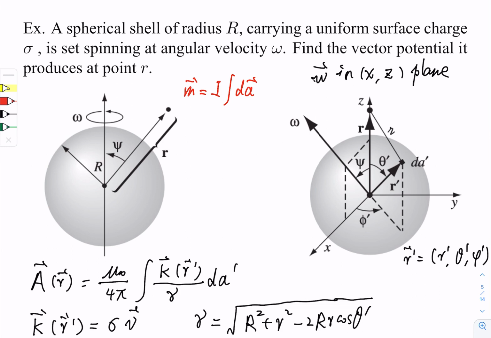So to get the dipole moment, we can separate the shell into different strips. Instead of calculating the entire thing at once, we can get a strip at a time, and here we take each theta piece at once.